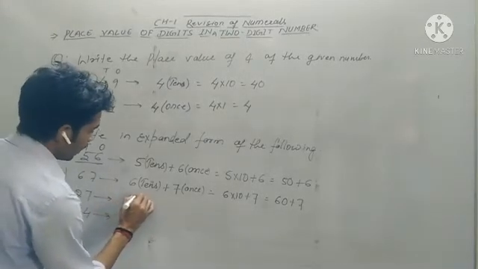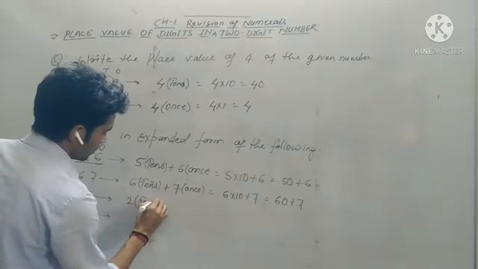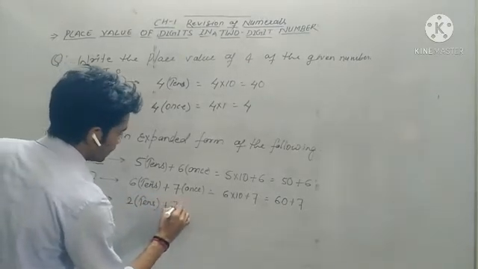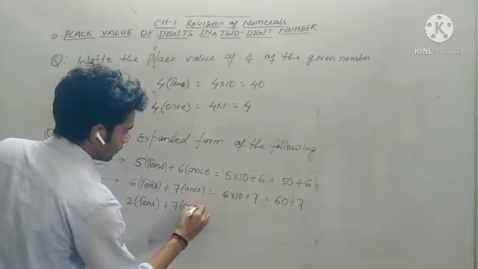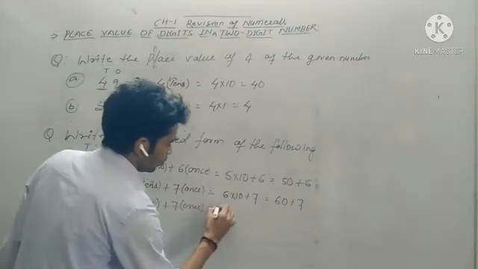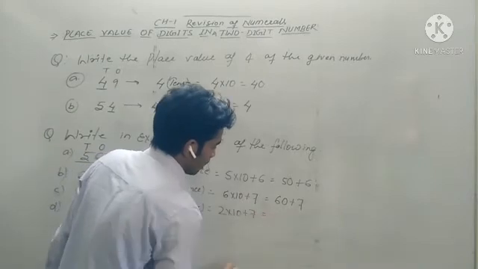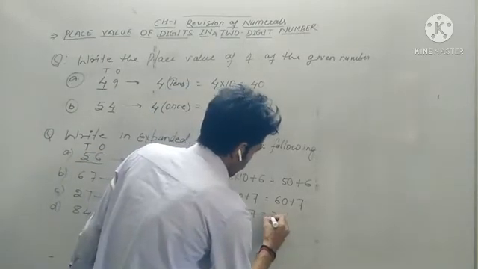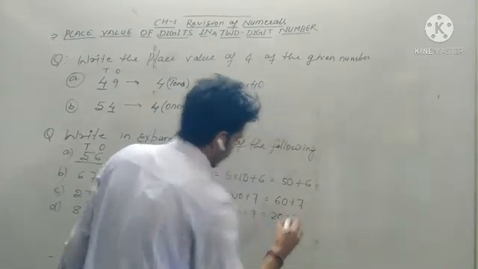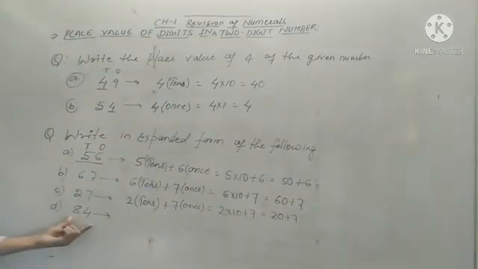So 2 is in the tens place, plus 7 is in the ones place. So this is equal to 2 into 10 plus 7, or 20 plus 7. And next 84.